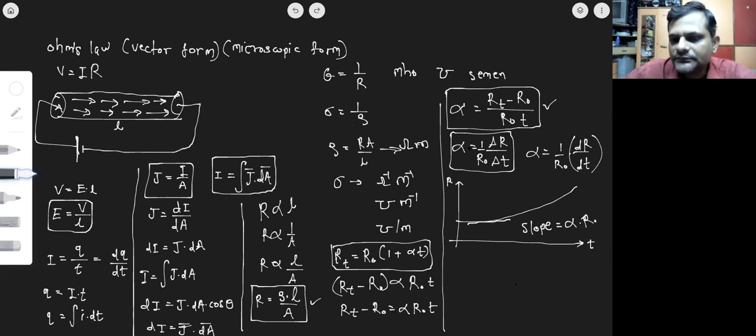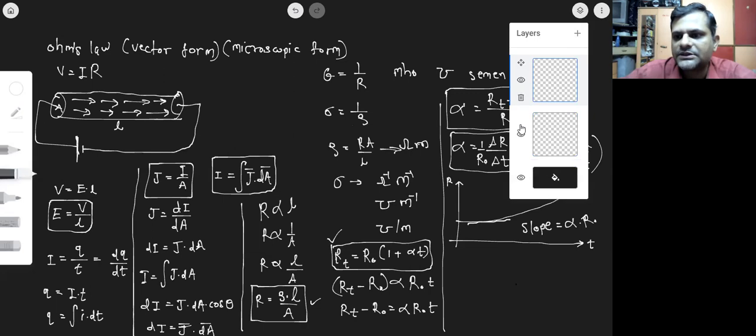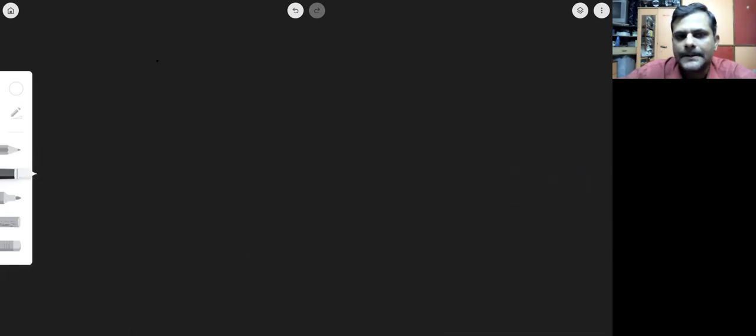And now this relationship, this equation R t is equal to R naught into 1 plus alpha T, we can express in another simple form. See, as here we already proved that this Rt, that means the resistance at high temperature, is always equal to the resistance at 0 degree Celsius into 1 plus alpha into T. Now here it is not necessary that we must have the resistance at 0 degree Celsius always, but we can get this formula in general, that resistance at any temperature is simply equal to resistance at initial temperature into 1 plus alpha into the change in temperature.